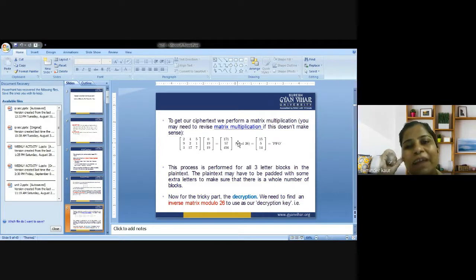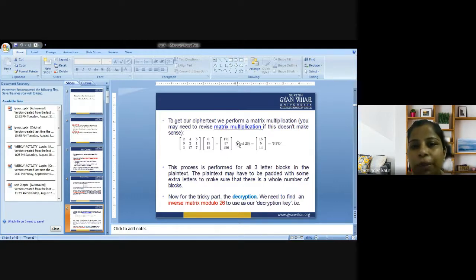To get our ciphertext, we perform a matrix multiplication. You may need to revise matrix multiplication if it does not make sense to you, because you might have studied it in your maths class. This is the key matrix given to me: 2, 4, 5, 9, 2, 1, 3, 17, 7. You can convert it into characters with the help of ABCD.